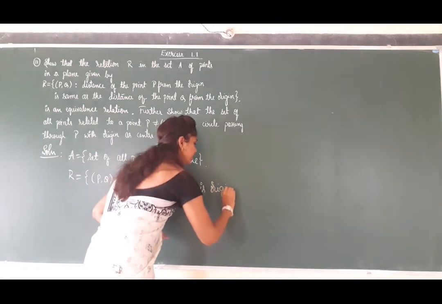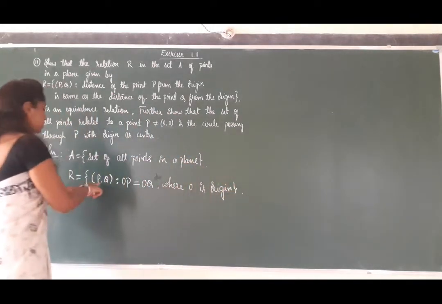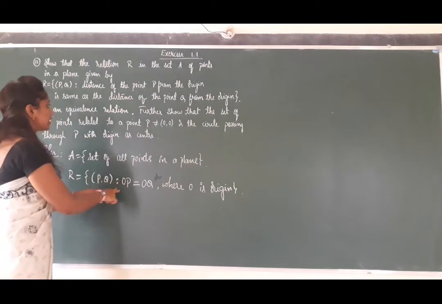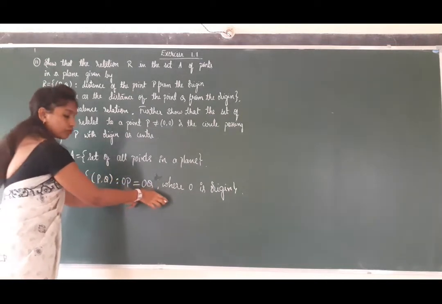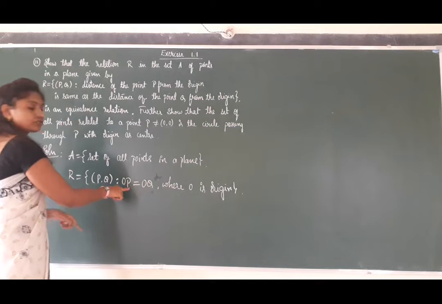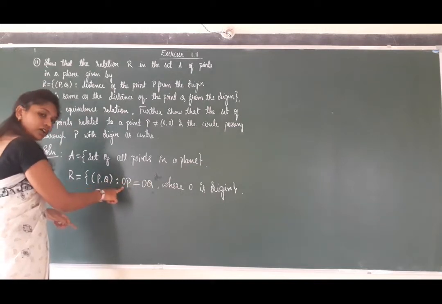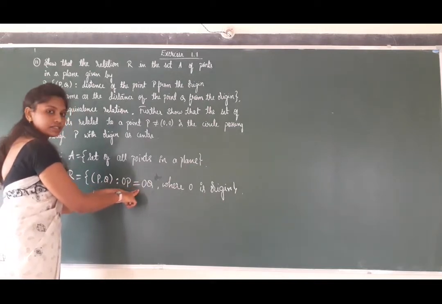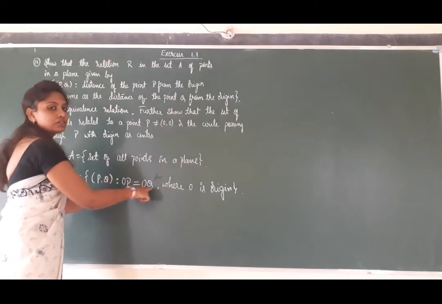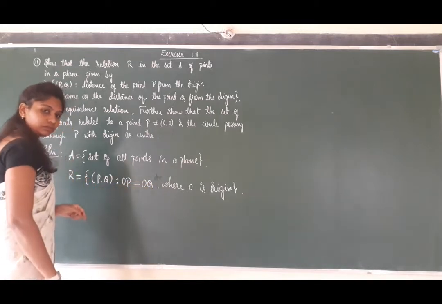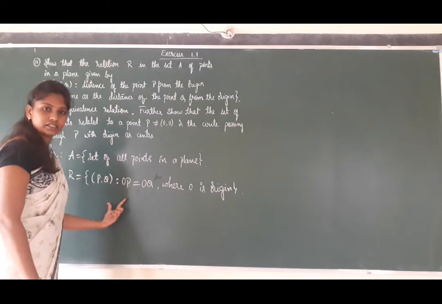Is it clear? The relation is the set of all ordered pairs (P, Q) such that OP is equal to OQ. OP equals OQ means the distance of the point P to the origin O is the same as the distance of the point Q from the origin O. This is our relation.